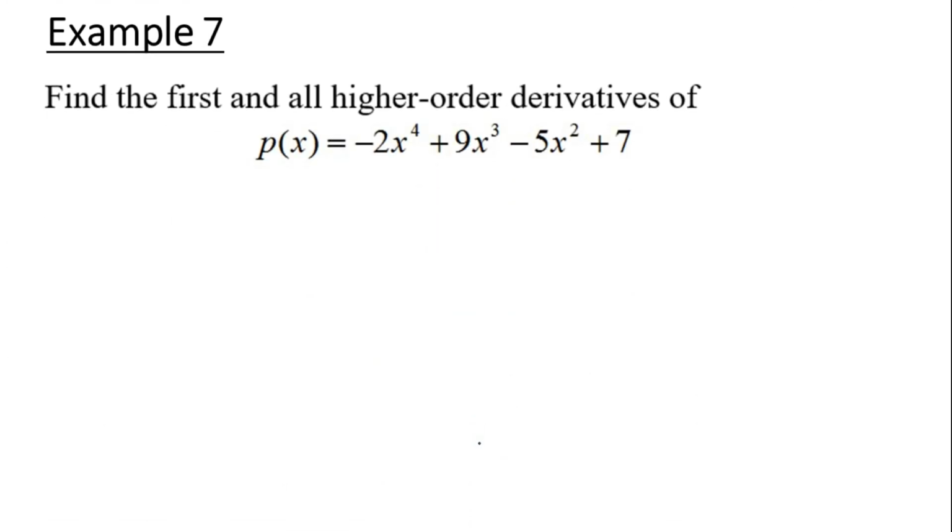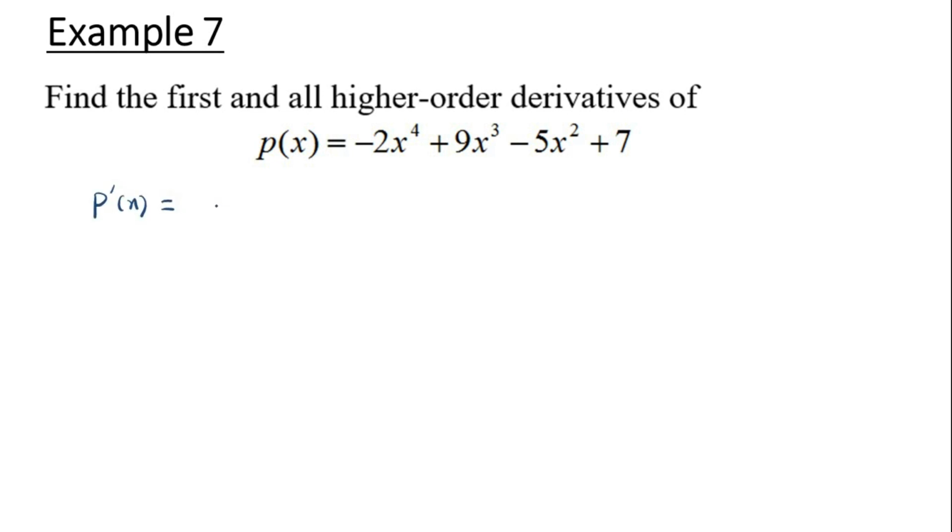Let's practice with example 7. Find the first and all higher order derivatives of p of x equal to negative 2x to the power of 4 plus 9x cubed minus 5x squared plus 7. So for first derivative means that we differentiate it once, so we can use the symbol of p prime x.